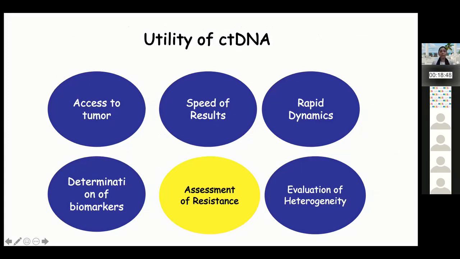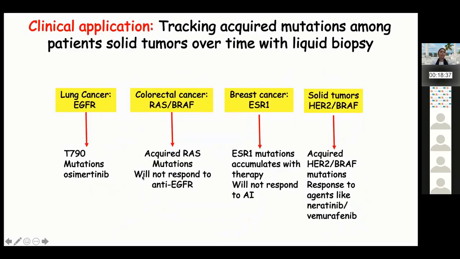Now, I think one of the biggest areas of using liquid biopsies in metastatic CRC patients is assessment of resistance. Now, why is this important? Well, it's not important only for colorectal cancer patients, but we're tending to do that for patients across solid tumors, because as we're treating more and more patients with targeted agents, more and more patients are developing acquired mechanisms of resistance, and there are targeted therapeutic options for those patients.